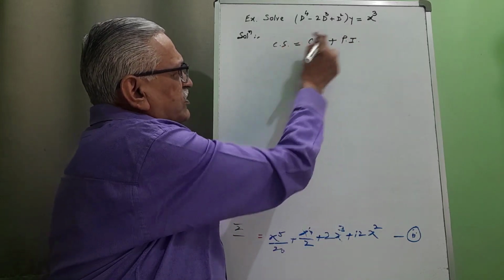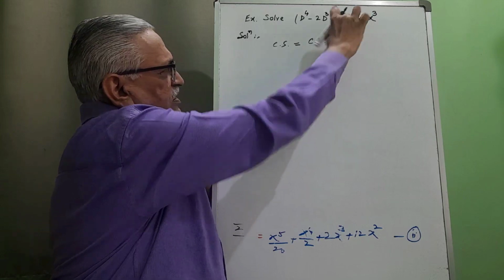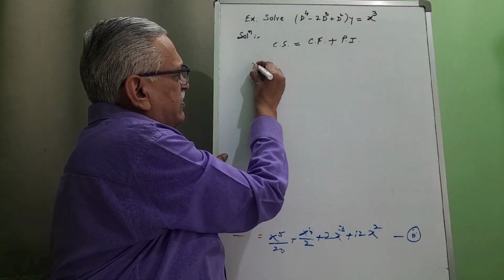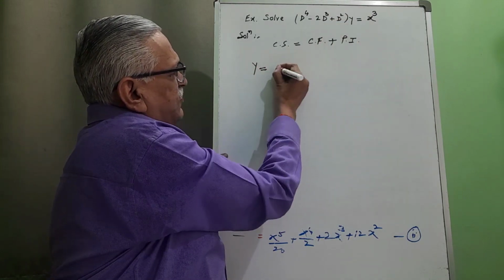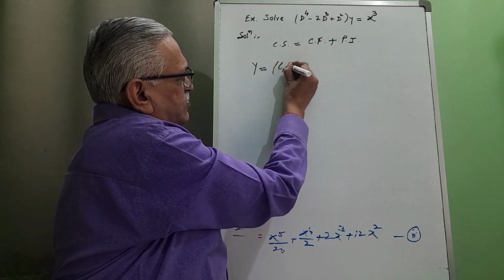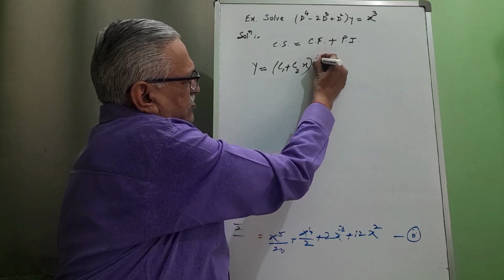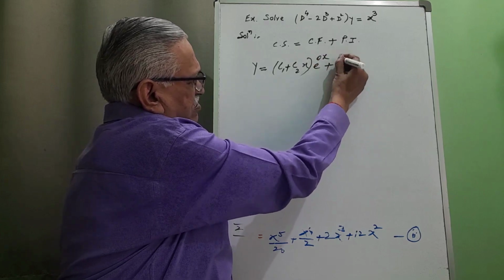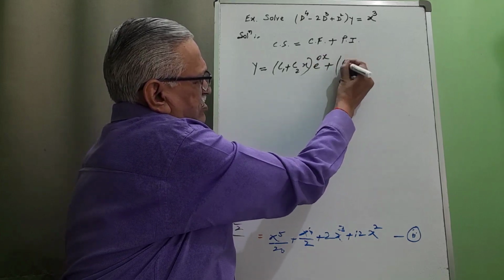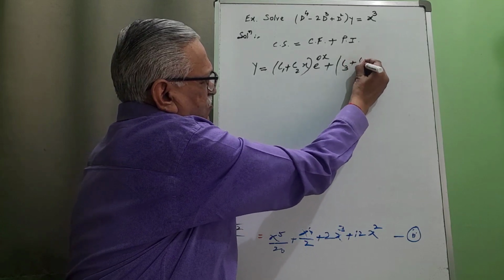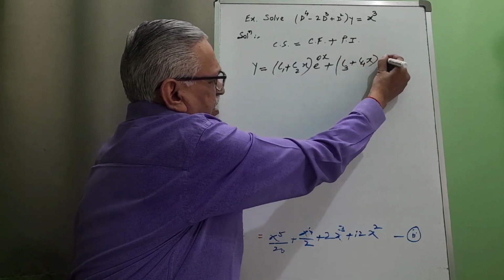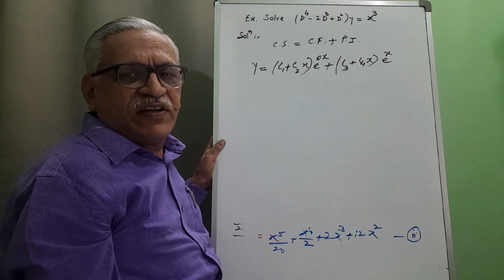And the complete solution is always for the dependent variable. Here the dependent variable is y. CF is (C1 plus C2x) e raised to 0x, (C3 plus C4x) e raised to x, this is equation number 1.